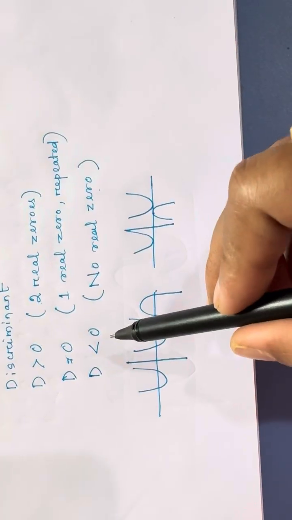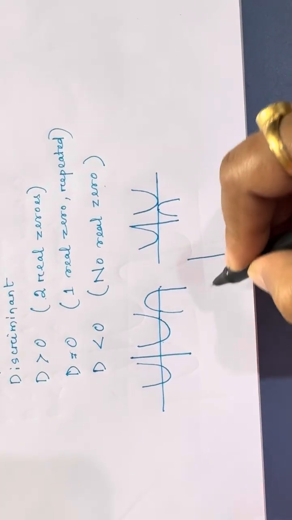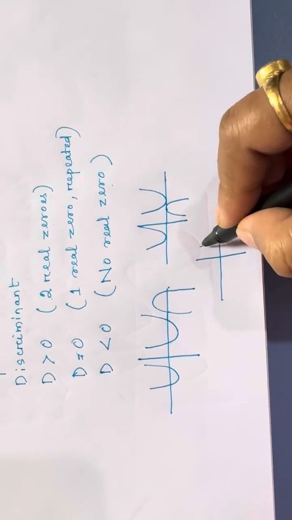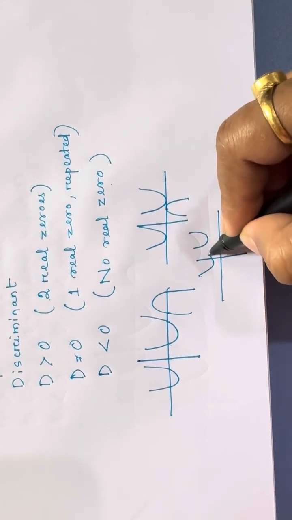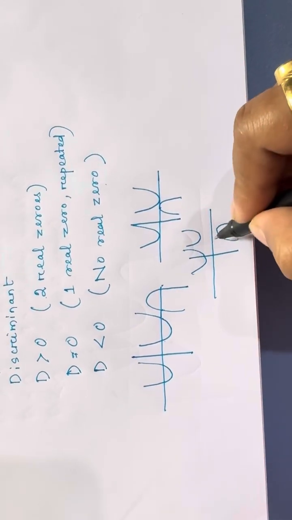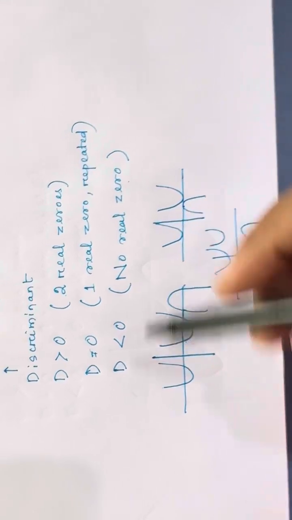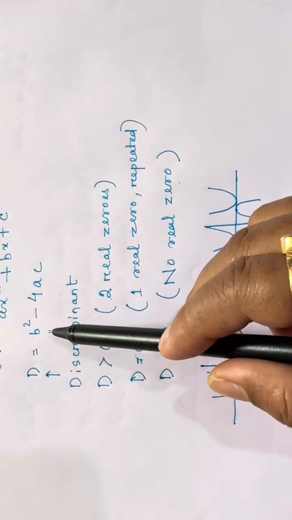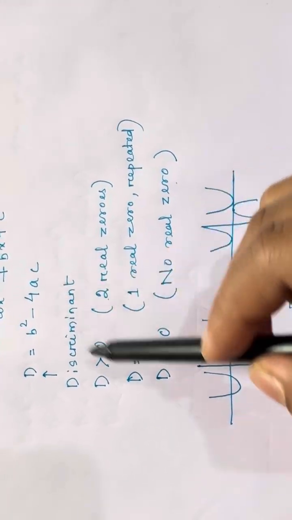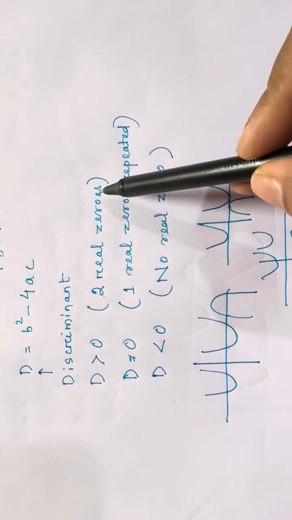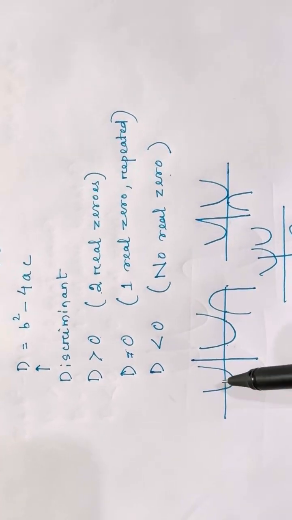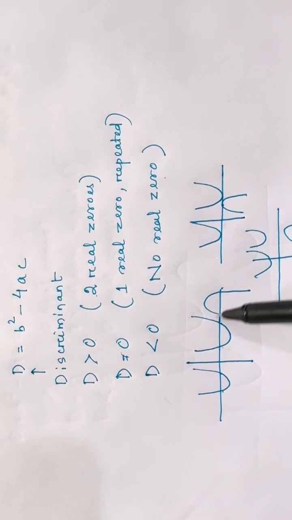But when it is less than 0, it will not touch the x-axis at all. So it will be somewhere like this, but it will not touch the x-axis. So when discriminant value, that is b² - 4ac, is greater than 0, it will be having two real zeros. That means the graph will cut the x-axis at 2 points.